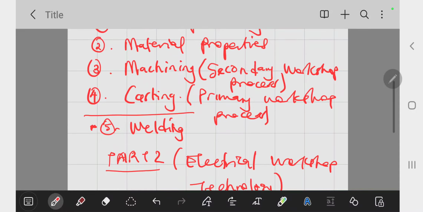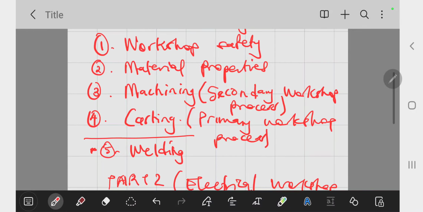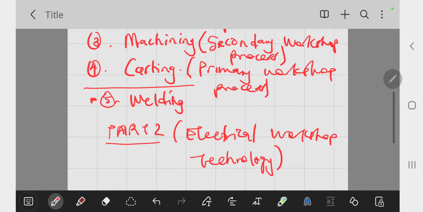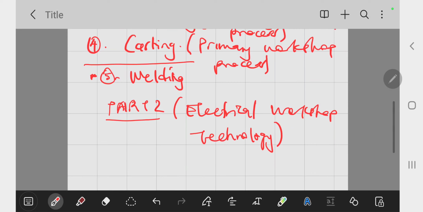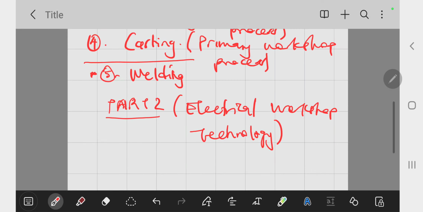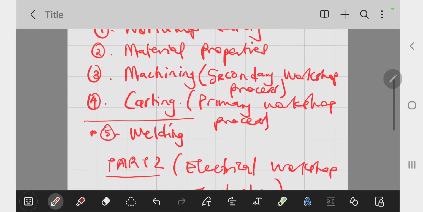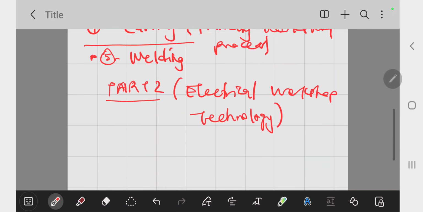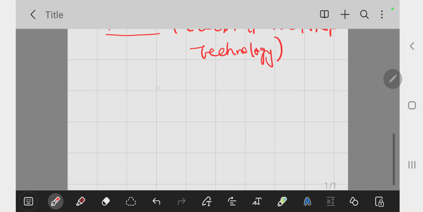So you look at safety with regards to electricity and electrical engineering. You look at some materials, and so on. But the second part is normally very short, and you can even finish it within a day. Where there's a lot of work is in part 1. So let's begin our series.